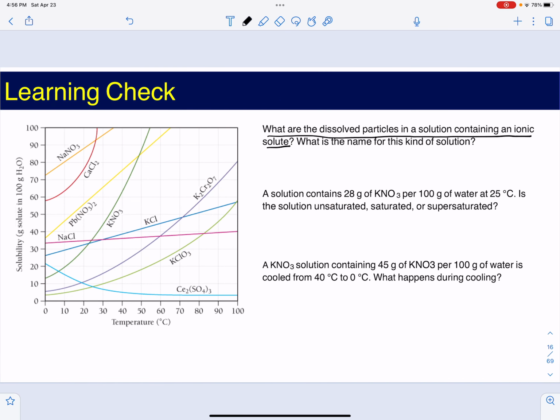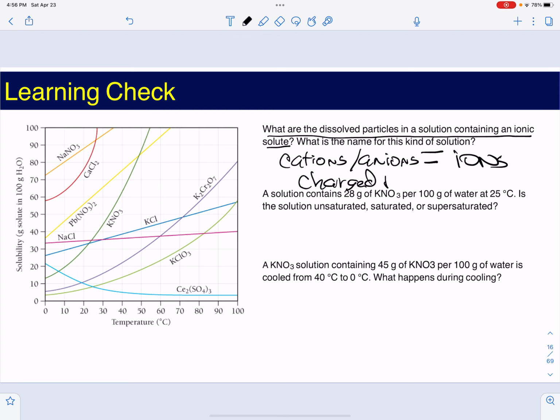So the particles are going to be cations and anions, which are nothing more than ions, right? Which are charged particles. So that's what we have in a solution in which the solid was an ionic compound. And what is the name?